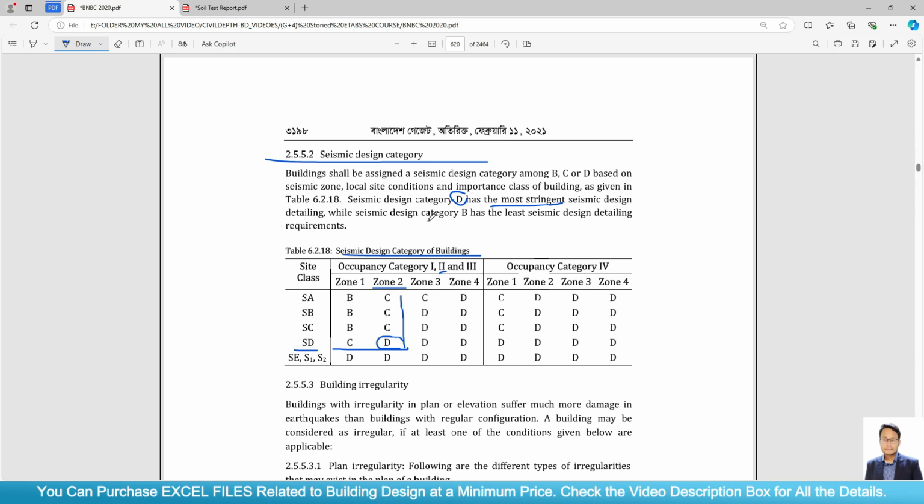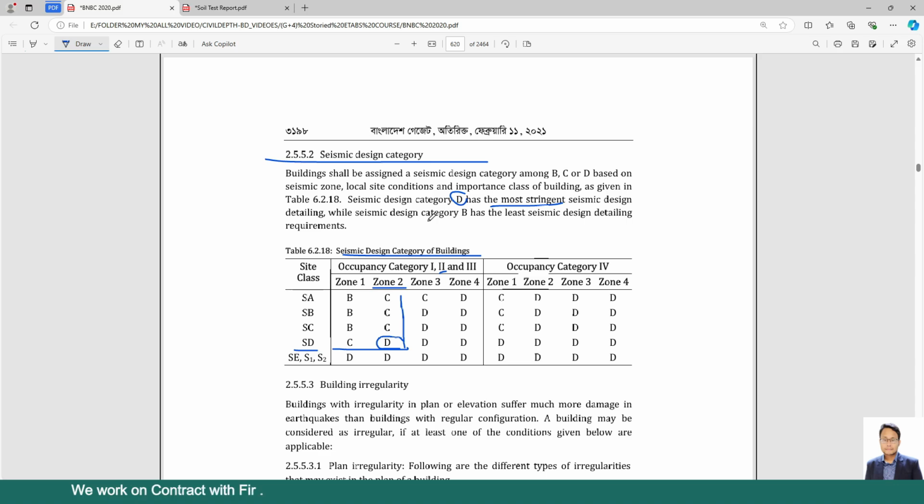That means for seismic design category B, you can go with minimum seismic design detailing requirement. For seismic design category C, you have to go with moderate seismic design detailing requirement. But for seismic design category D, you have to go with the strongest or stringent seismic design detailing requirement.